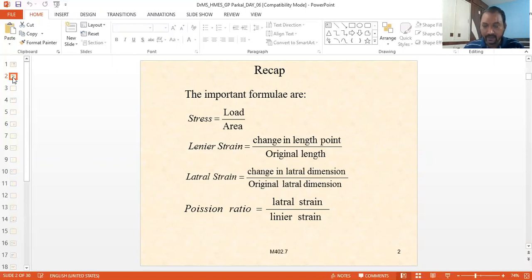Today we are going to see some of the derivations pertaining to the volumetric strain. We are going to have the equations for the volumetric strains for a rectangular bar and for a circular bar.